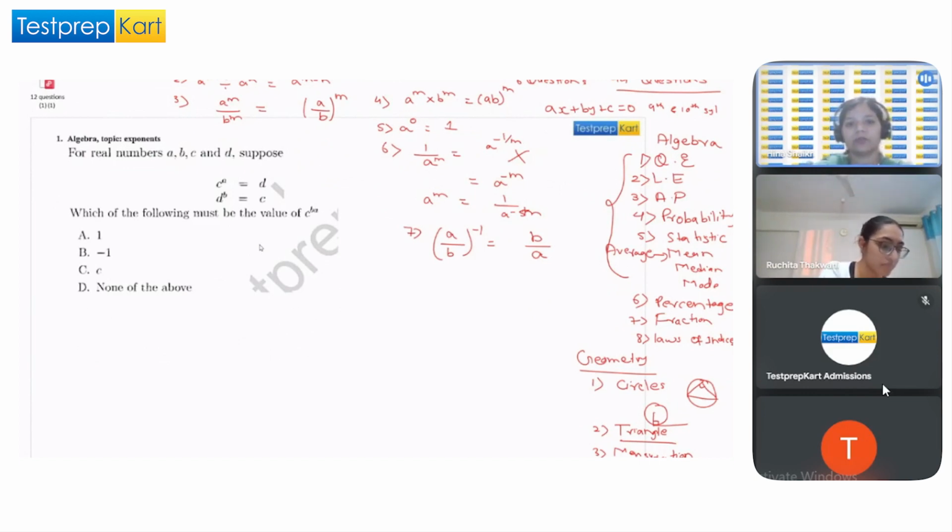Which of the following must be the value of c raised to b a? It's option C.